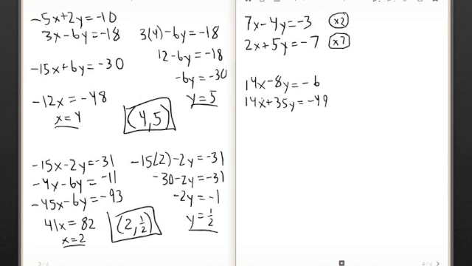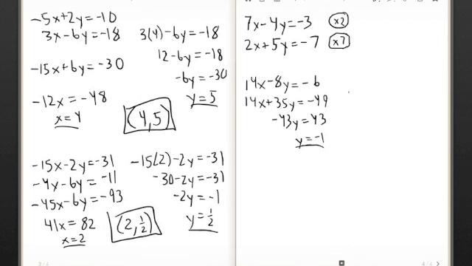So now to eliminate the 14x, we'll subtract the second one from the first one, and we'll get 14x minus 14x is 0. Negative 8y minus 35y is negative 43y. Negative 6 minus negative 49 is negative 6 plus 49, which is 43. So y is negative 1. Now put that back into which one looks the easiest.